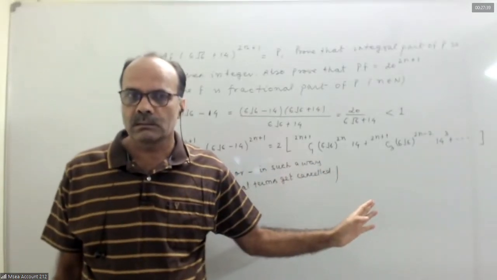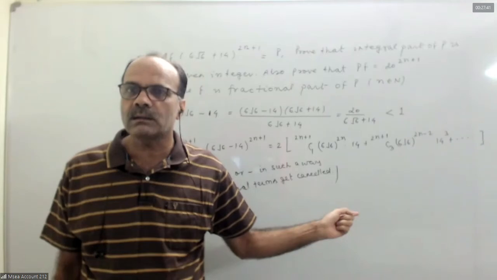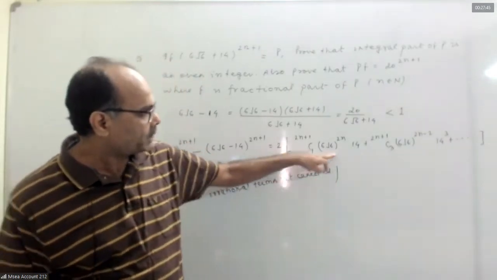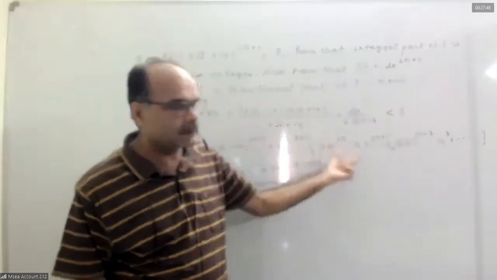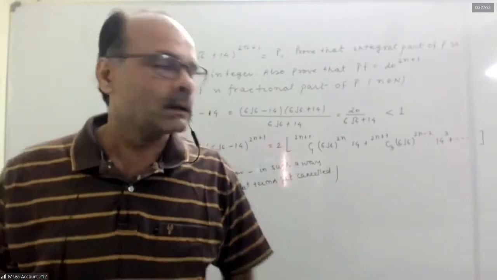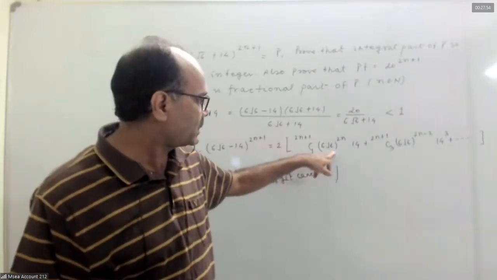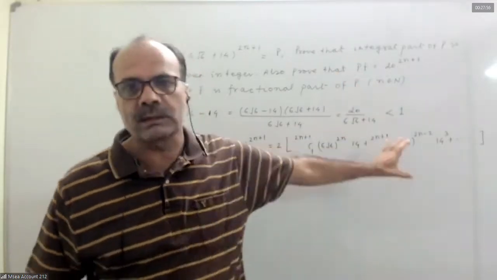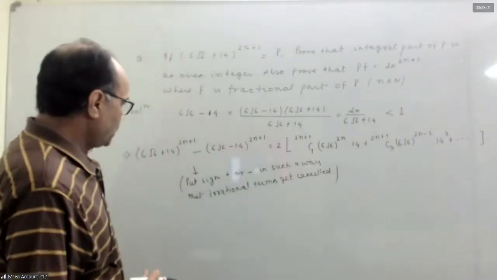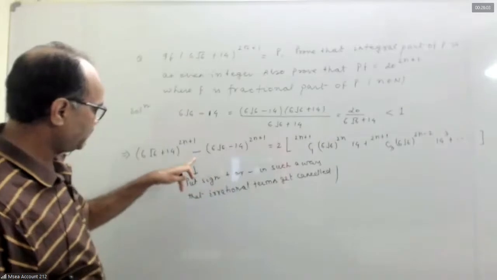An even integer. Within the bracket, all the terms are integers because NCR is an integer and the term 6 root 6 is to the power of an even integer always. Main point is this.